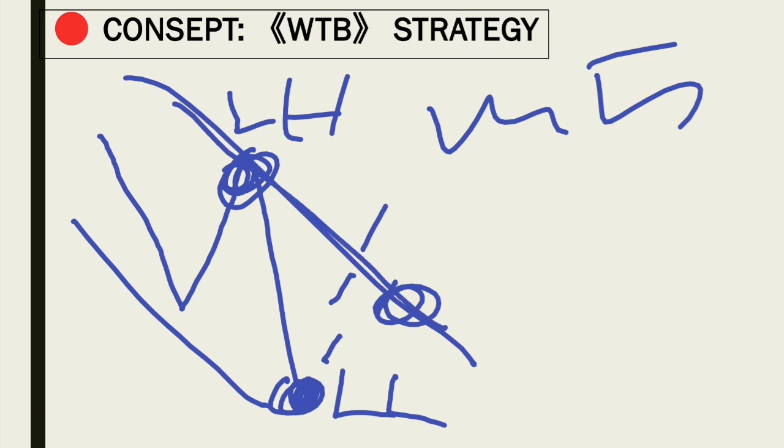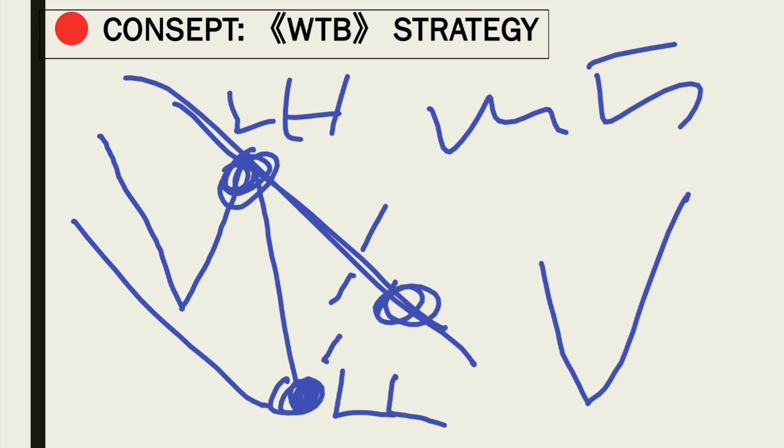After breaking that trend line, we add another confirmation to confirm that the trend is now moving from downtrend to uptrend in minute 5, so that we can continue with the overall trend.